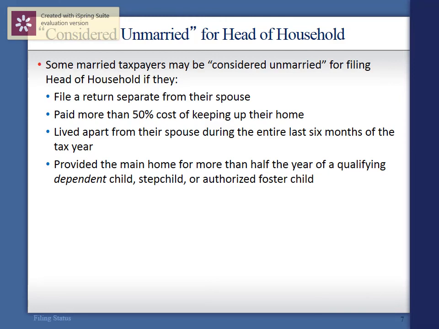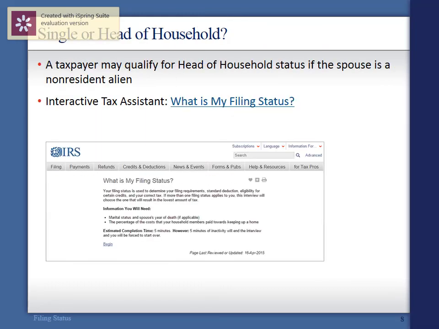They must have lived apart for the entire last 6 months of the actual year, and they must have provided a home for a qualifying dependent child, a stepchild, or authorized foster child, and again, maybe also additional relatives, which we will discuss in a later video. A taxpayer may also qualify for head of household even if they are married to a non-resident alien if their spouse is a resident of Mexico or Canada.